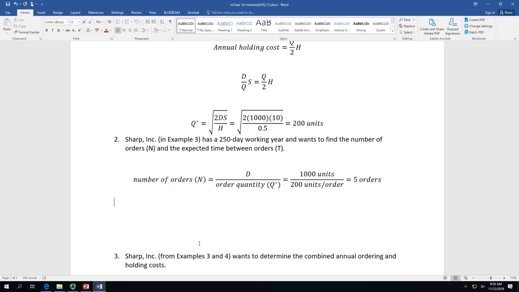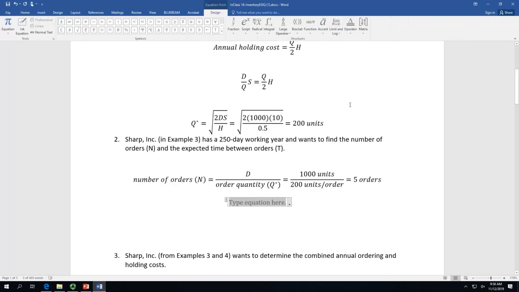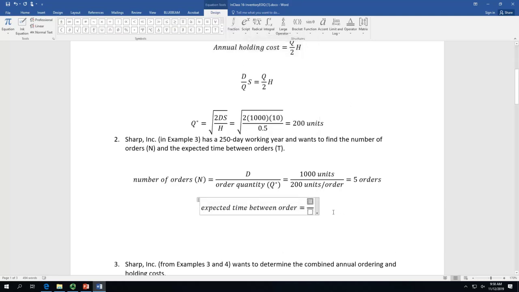And then the next one is the expected time between orders, which equals 250 days. There are totally 5 orders. So it is 50 days between orders.